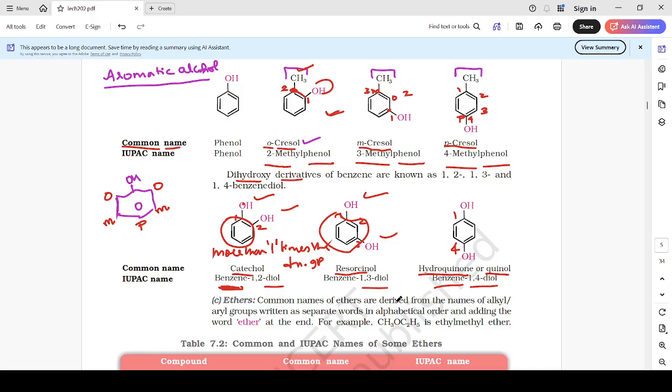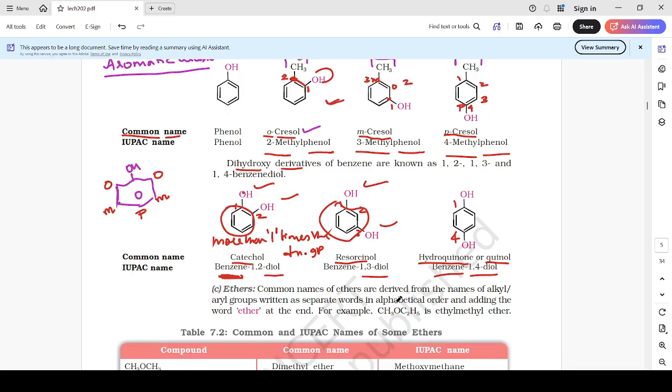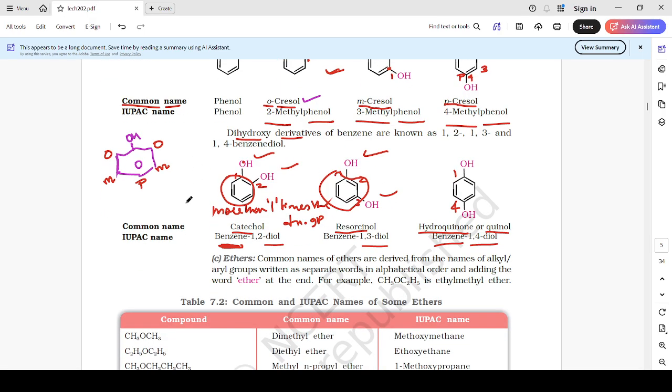Right. The next compound, we are moving for ethers here. Ethers are basically the functional isomers of alcohols. What do you mean by functional isomer? It has a functional group, but in another location than it's supposed to be in.